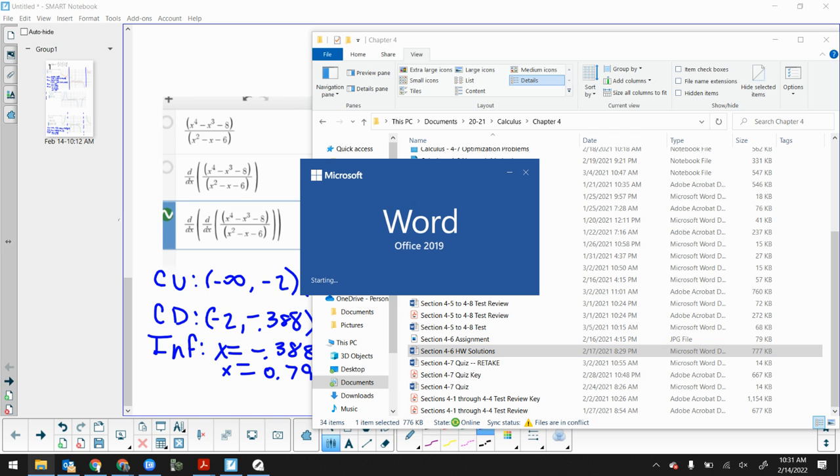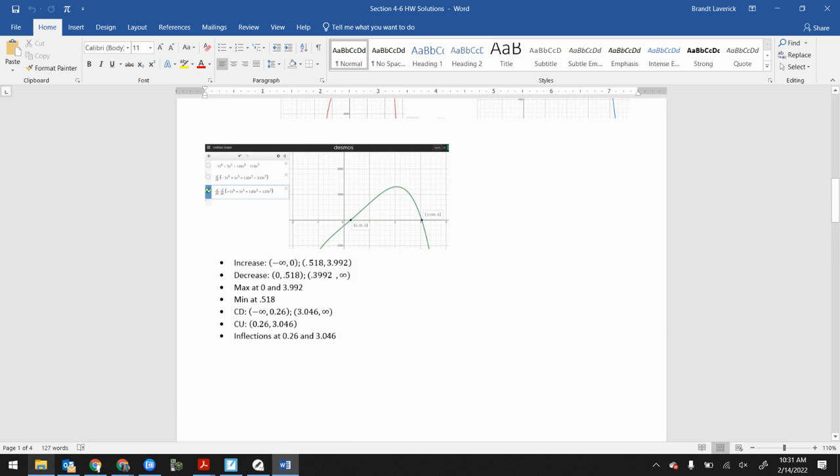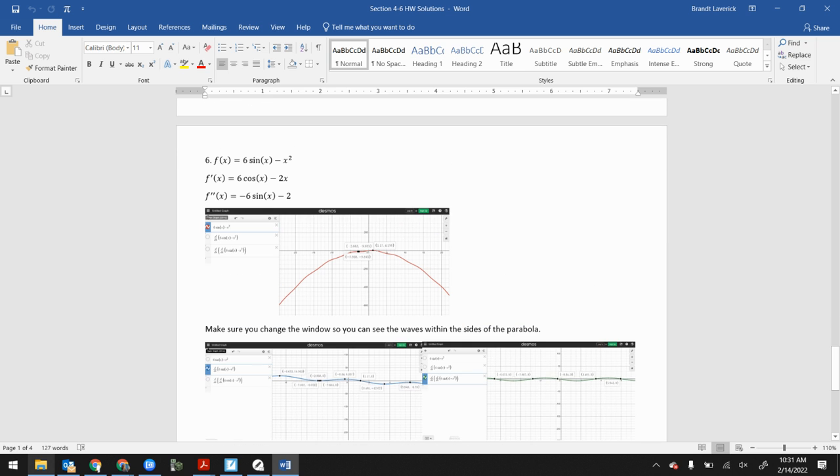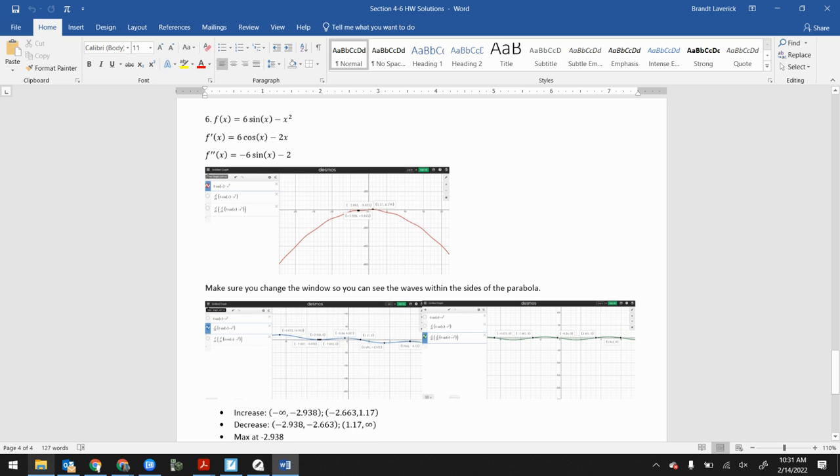There we go. I don't know if your graph is right there. That's number 6. Wait, mine was not.